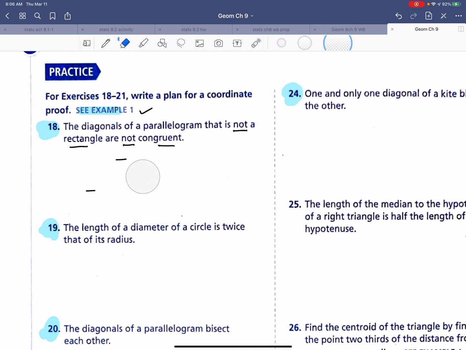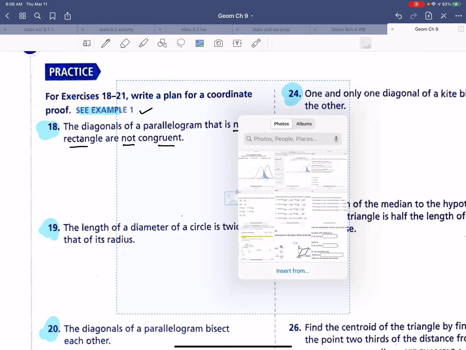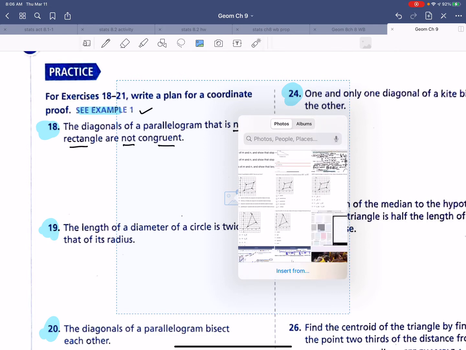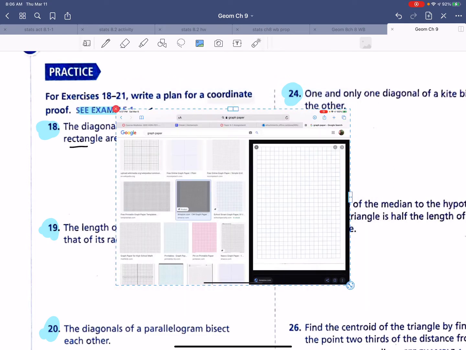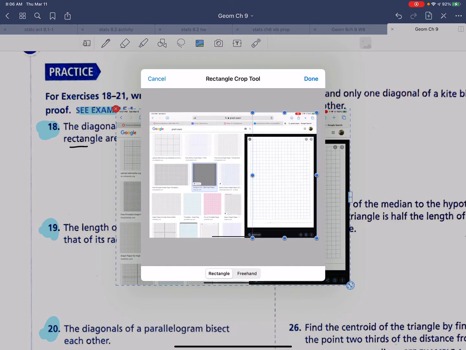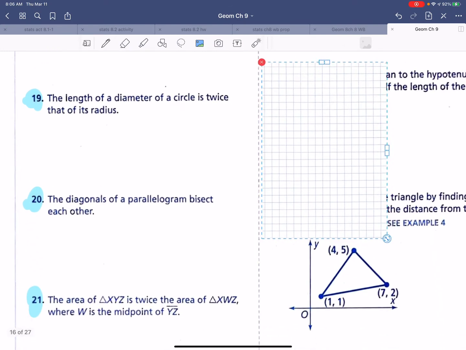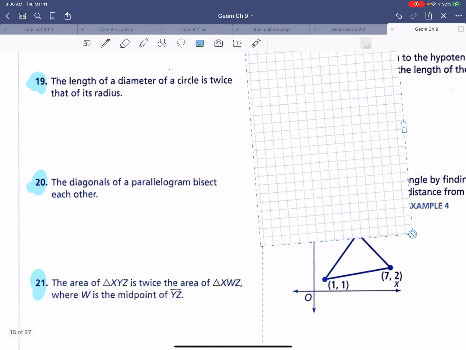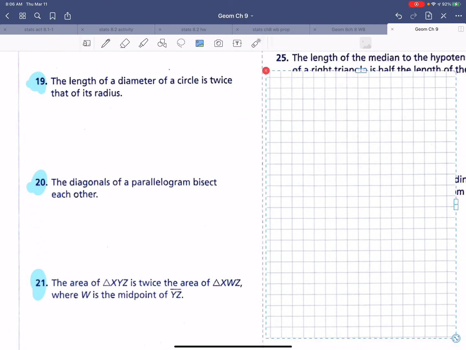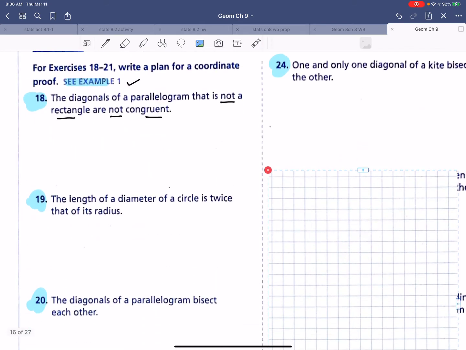So let's import graph paper. I'm just going to put some graph paper there because it looks like 25 and 26 they haven't assigned me, so I can just cover those up here.